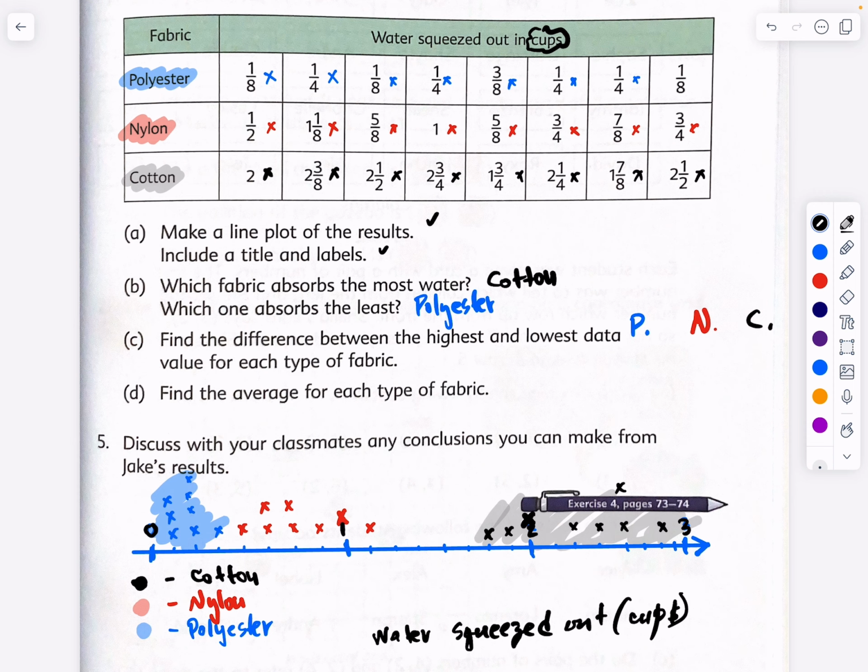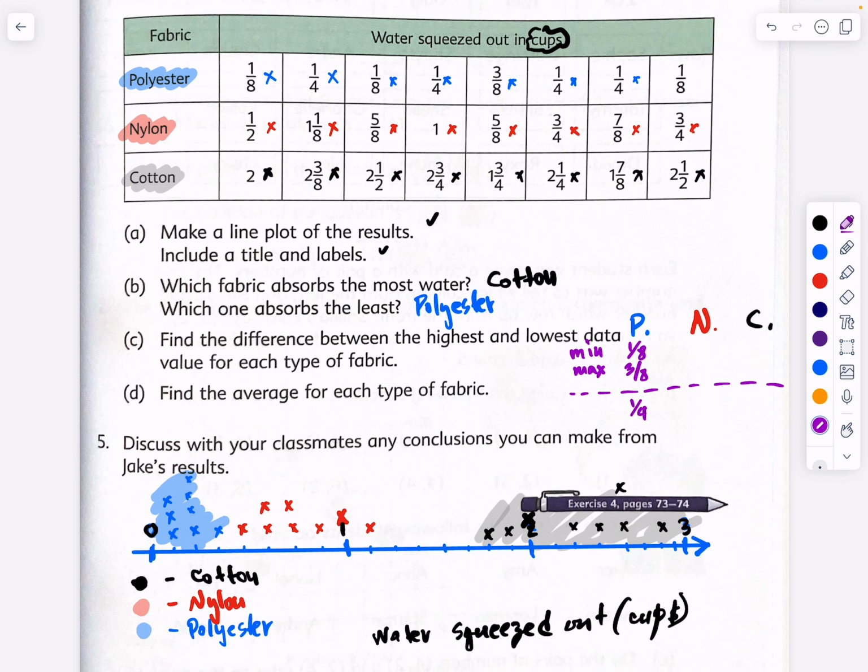We're gonna have the minimum value and maximum value, and then we can find the difference, right? So let's go. For polyester, the smallest quantity is 1/8, and the largest quantity is actually only 3/8. So the difference is 3/8 minus 1/8, which is 2/8 or 1/4, right?